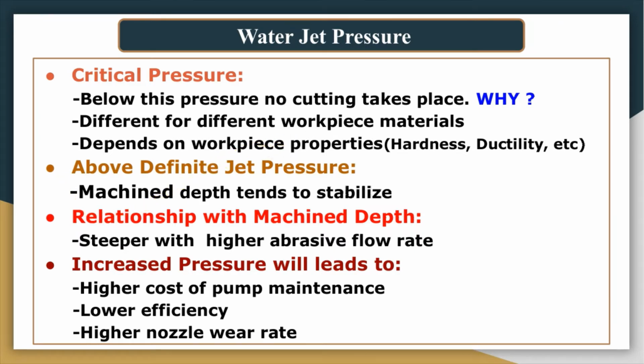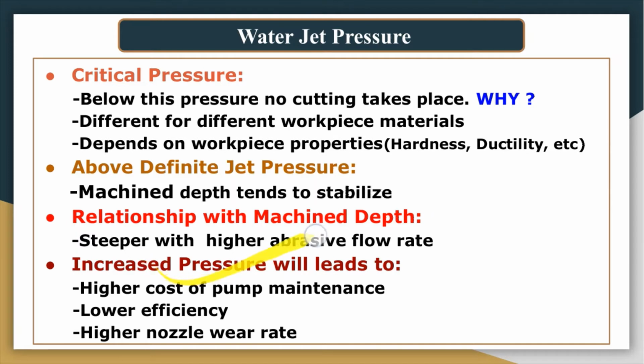As already mentioned, below the critical pressure no cutting takes place, and the critical pressure is different for different workpiece materials. It depends on the workpiece properties. Above a definite jet pressure, the machined depth tends to stabilize. And the relationship with the machined depth is steeper with a higher abrasive flow rate.